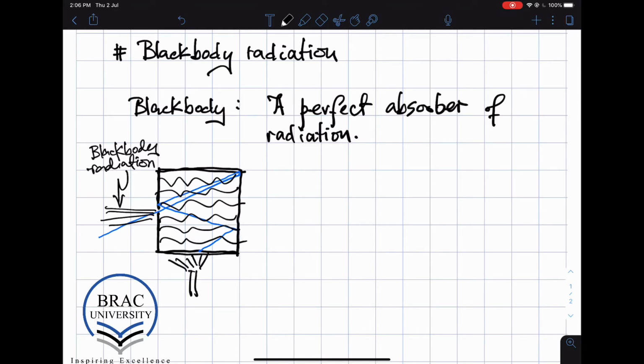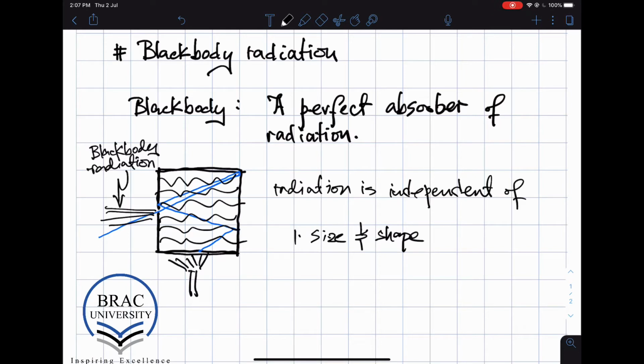So the radiation is independent of the size and shape actually, and the material, as long as the enclosure is large enough. So this is how we can measure the black body radiation.